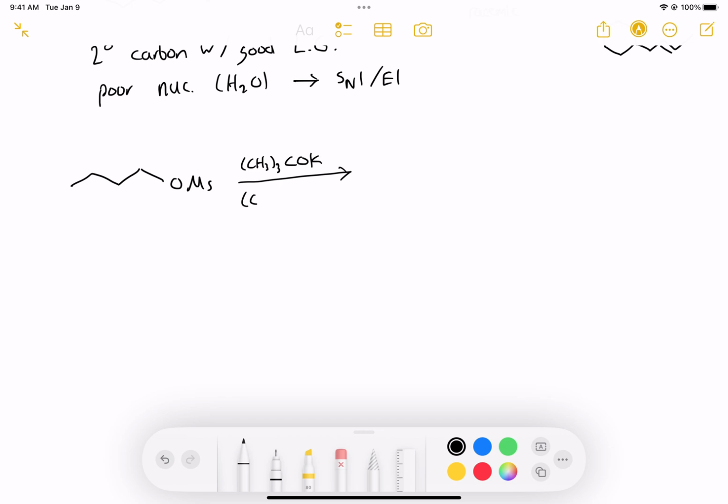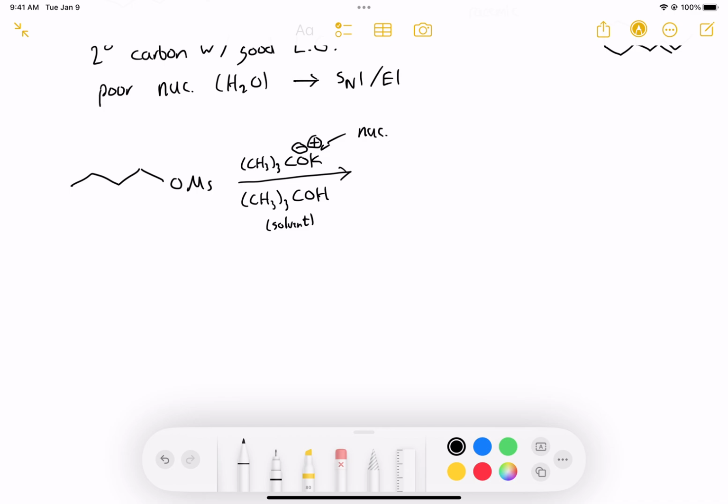The thing on the bottom usually is solvent, so I wouldn't worry about that in terms of what to write. That's just a solvent. Of course, we will not write solvent on the exam, so you have to predict this on your own. And this is the nucleophile. The potassium there is just a counter ion, so it's plus on the potassium, negative on the oxygen.